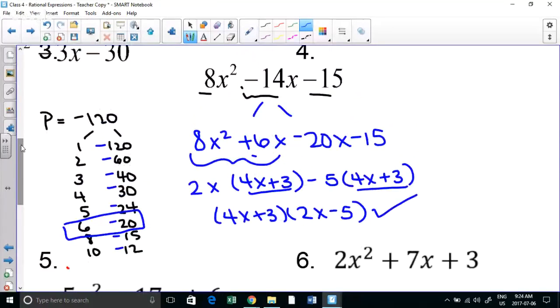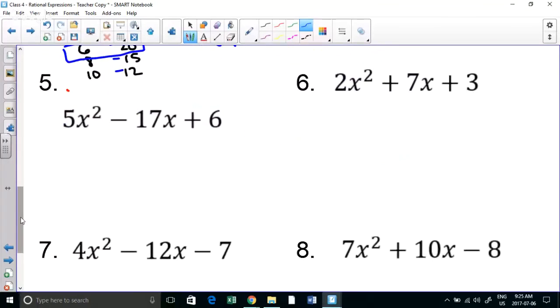The sum that I have is negative 14. So that doesn't work for me. The sum that I want is negative 14, and the only factors that give me that are 6 and negative 12. Okay. Thanks. So take 2 minutes, try number 5 and number 6, and then we'll take a look at it again.